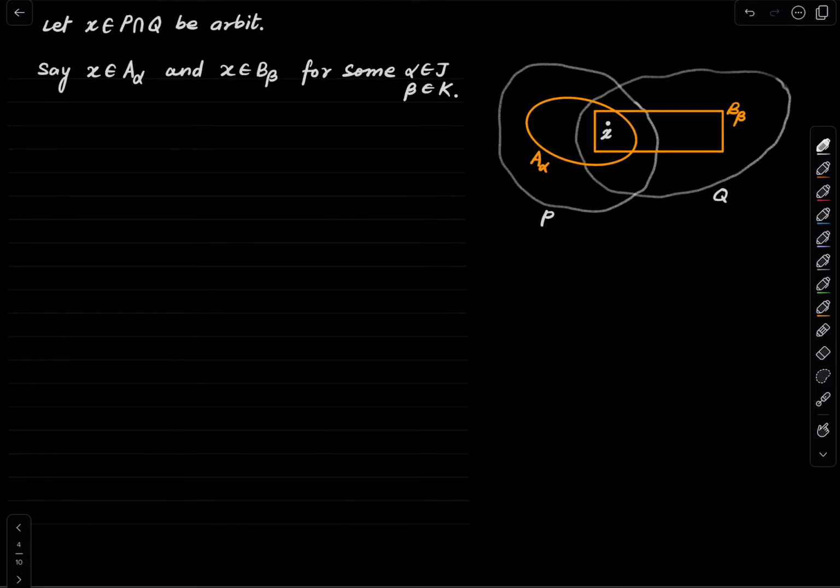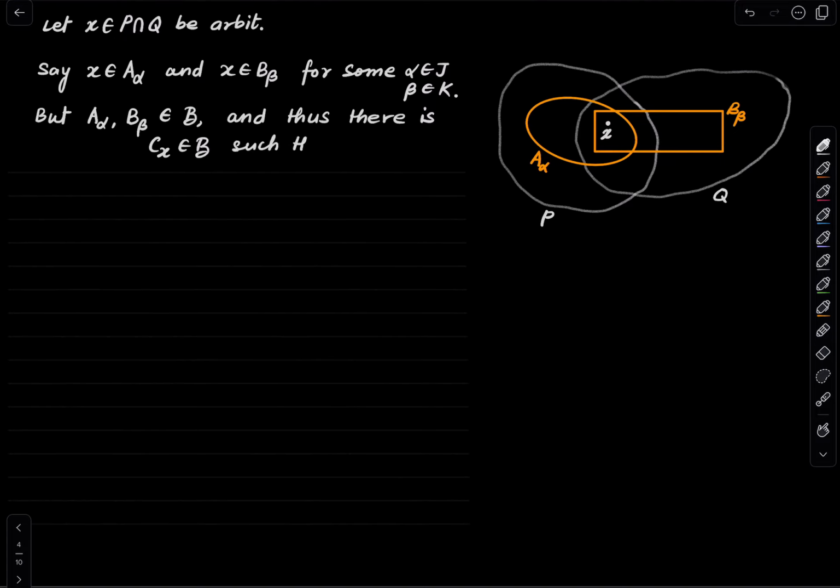But now note that, just by the choice of the A alphas, A alpha and B beta are basis elements, and thus there is some other basis element Cx in the basis such that x is in this element and this is contained in A intersection B. So in pictures, this is what Cx looks like, this red thing.